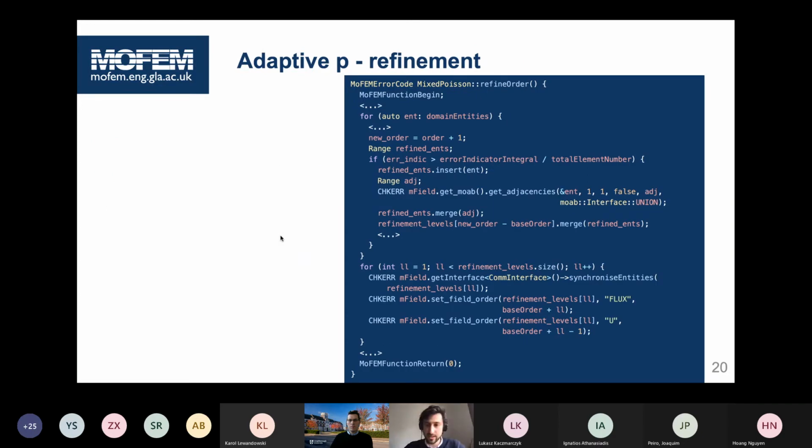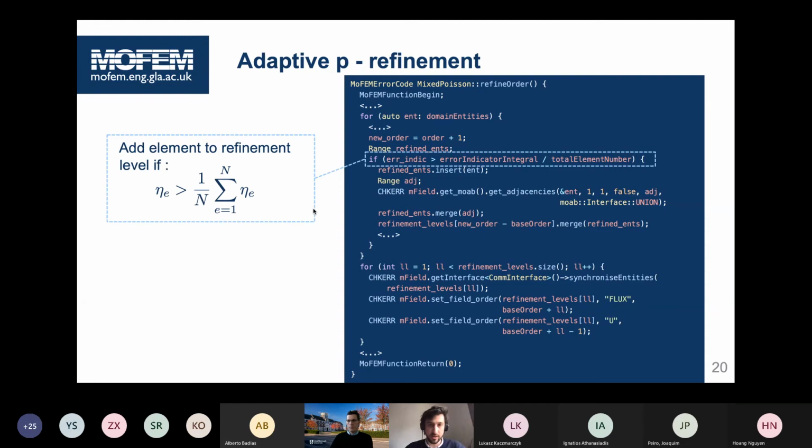So this is basically the pseudocode of the algorithm for this adaptive P refinement. It consists of 2 steps. First of all, we loop through all the domain entities, so the quad elements in this case, and we check the pre-computed value of the error indicator on each element.